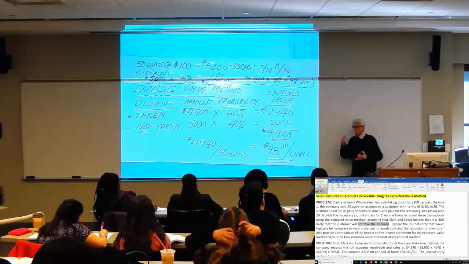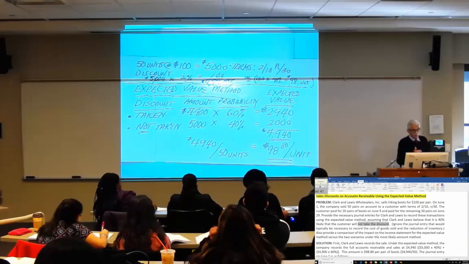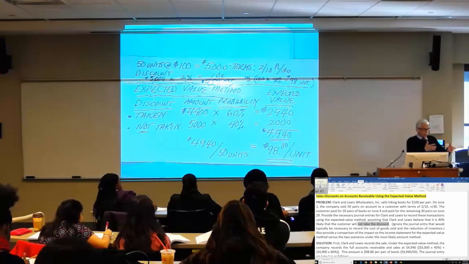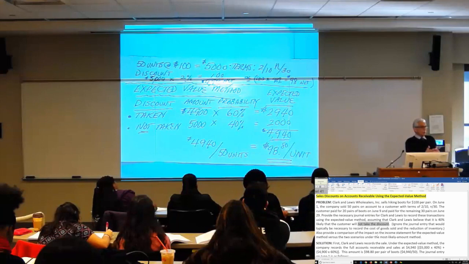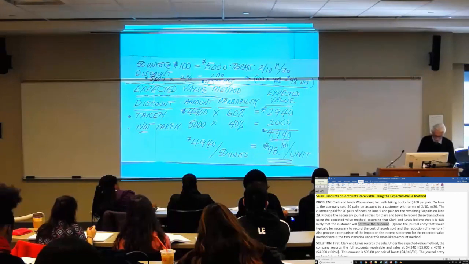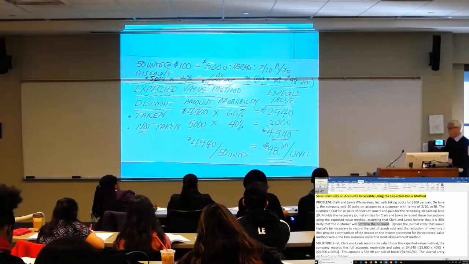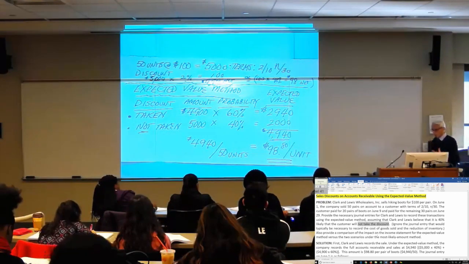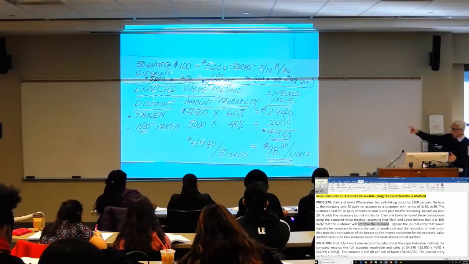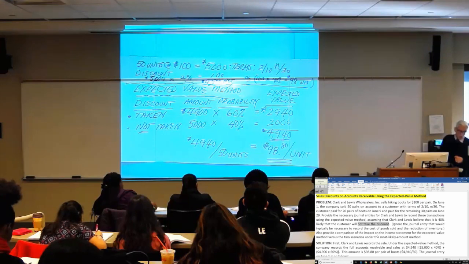So if someone pays you less than $98.80, it's going to be a sales discount, a negative account, like an expense for you. If someone pays you more, you'd have income or sales discounts forfeited. So any questions on that before I move on to the next piece of this?